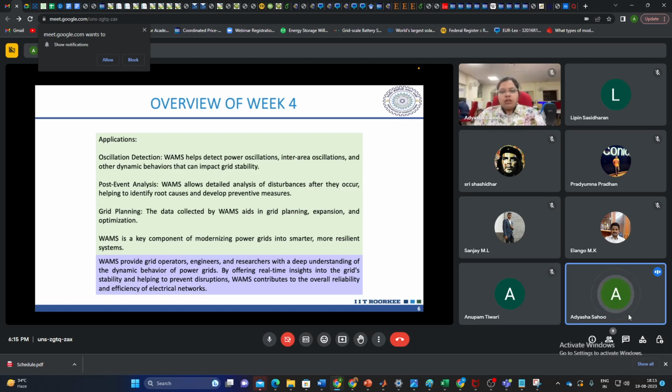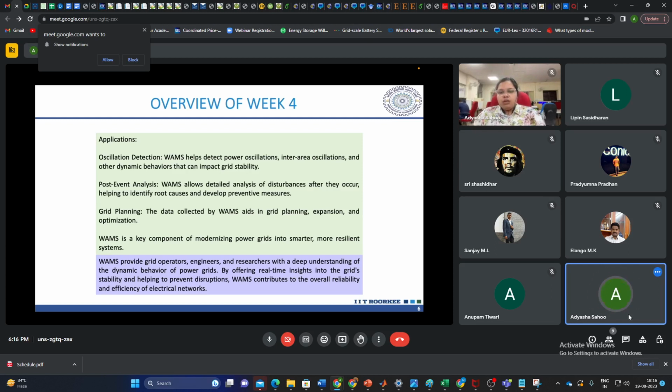So we can say it is a key component that will help in modernizing our power grids to make them more smart, more resilient, with enhanced reliability and stability. So these monitoring systems help the grid operators, the engineers, and are also helping the researchers to understand the dynamic behavior of the power systems.